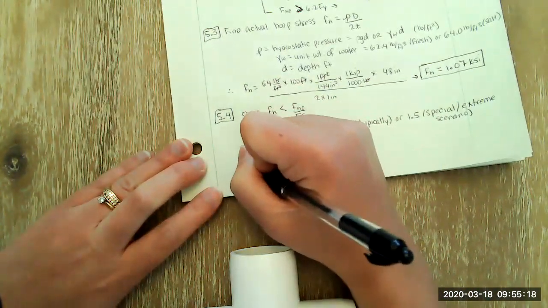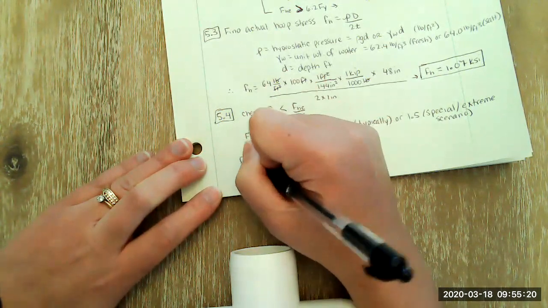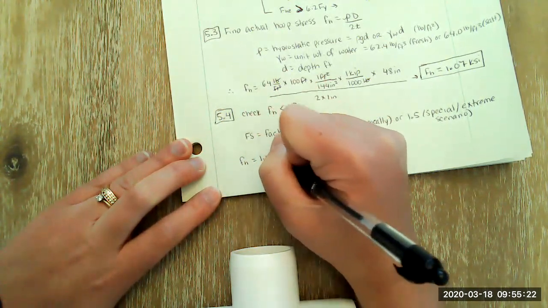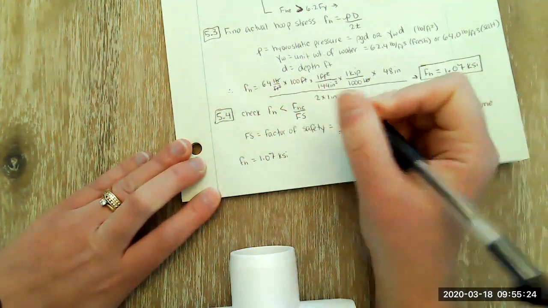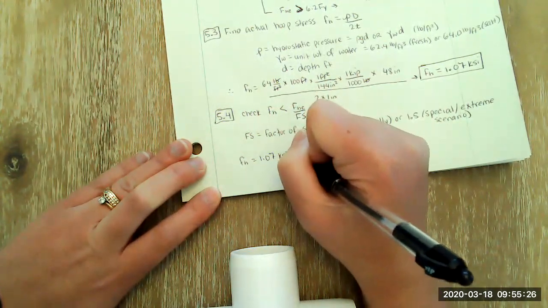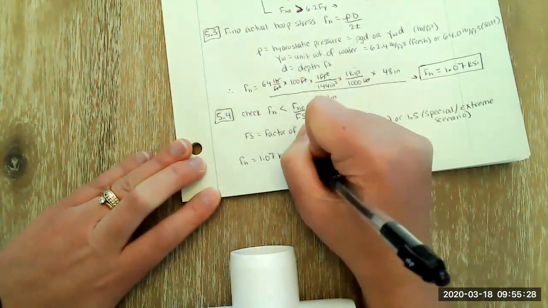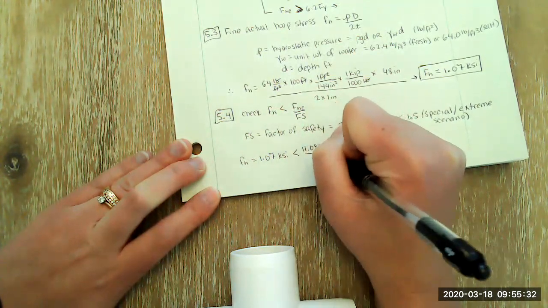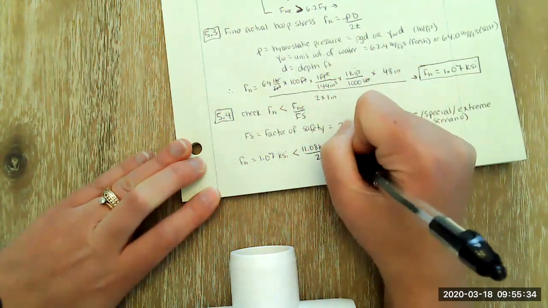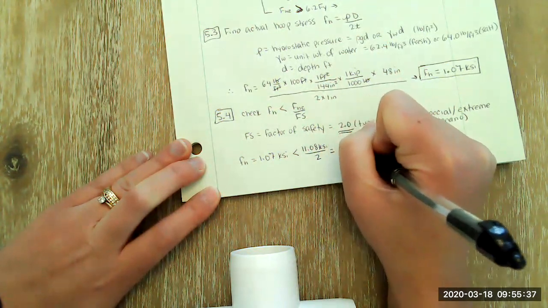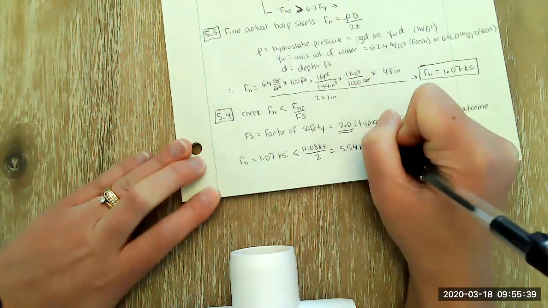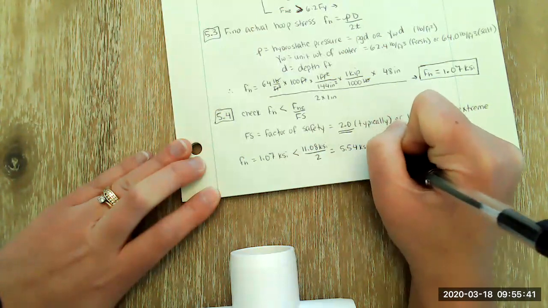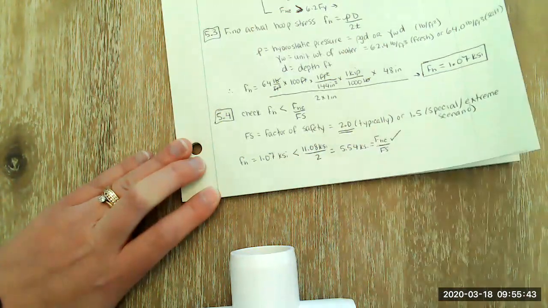So we have lowercase f sub h, our actual hoop stress, equal to 1.07 KSI. Let's see if that is less than 11.08 KSI over 2, our factor of safety, which is equal to 5.54 KSI, equals FHC over FS. Yes, it does.